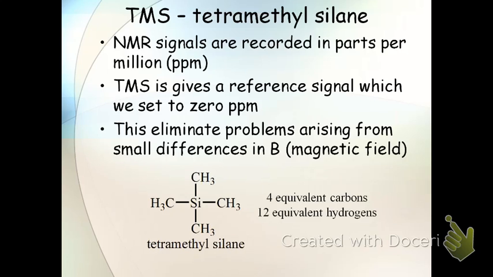When we put TMS in the sample, we typically call that 0 parts per million, and all the other compound proton shifts that we see are relative to TMS being equal to 0.